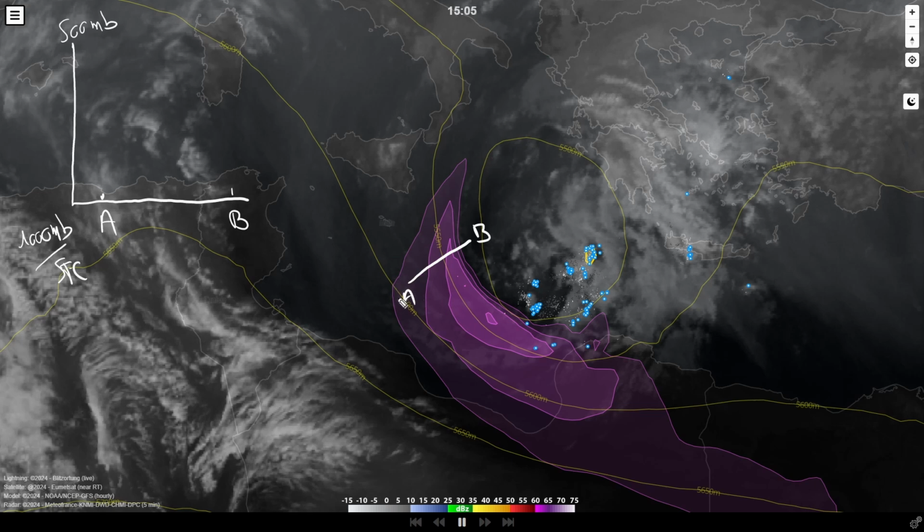So air tries to move from here to here, but Coriolis force deflects that portion to the right. This means that initially the air is moving from here to here, along this line from A to B.